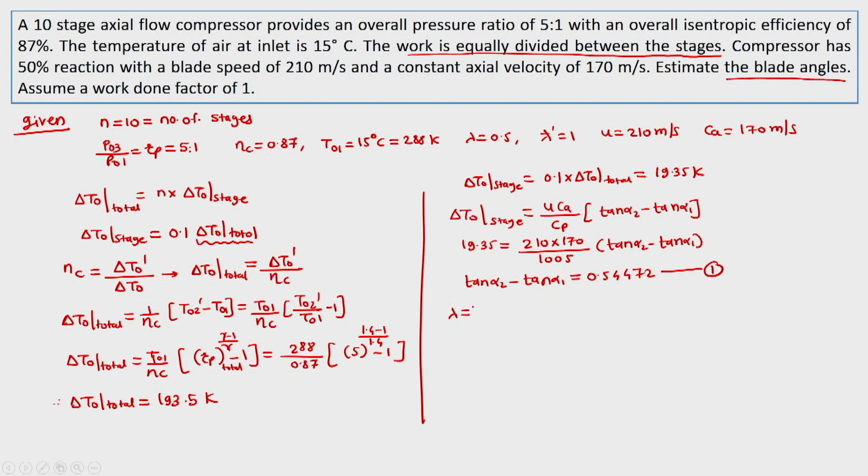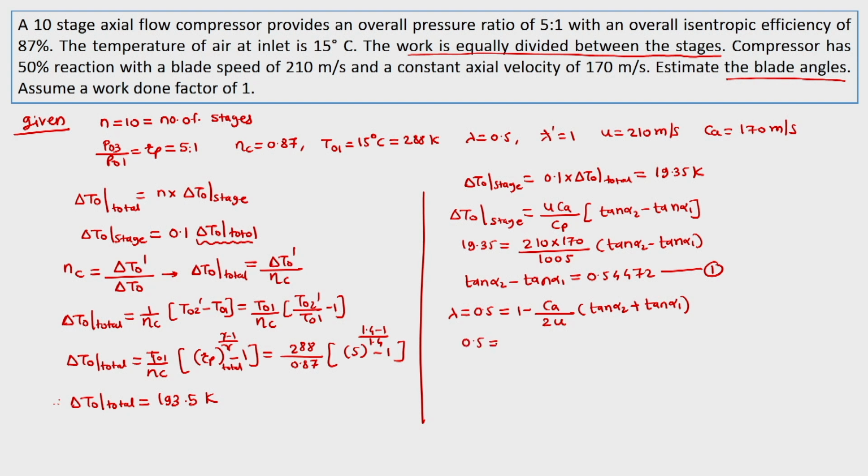Further, we can make use of the relation for degree of reaction, which is said to be 0.5, is equal to 1 minus Ca divided by twice U into tan of alpha 2 plus tan of alpha 1. So knowing this relation, we can put all the numbers.